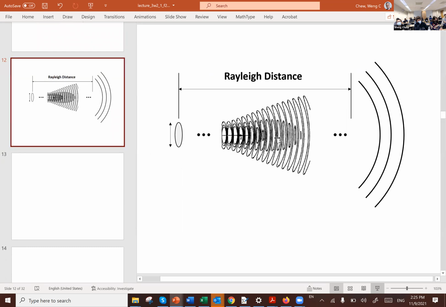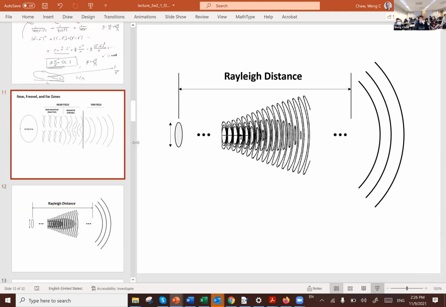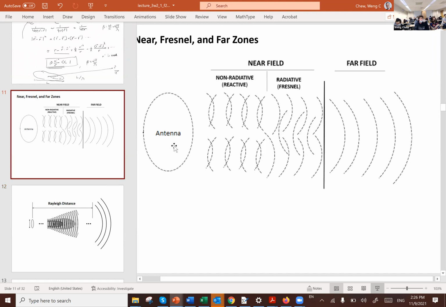So this is just a Gaussian beam. Gaussian beam is quite popular. And you can actually find out the distance at which the far field will be important. It turns out that the distances between these different zones are given by, say, 2d square over lambda.